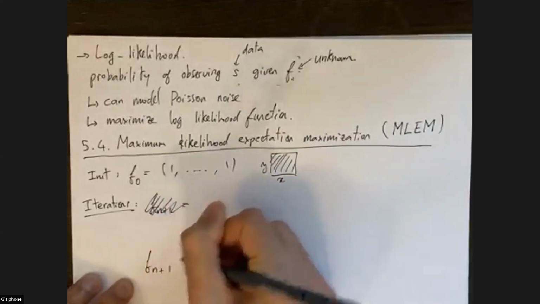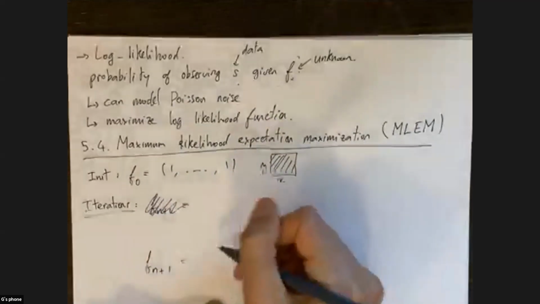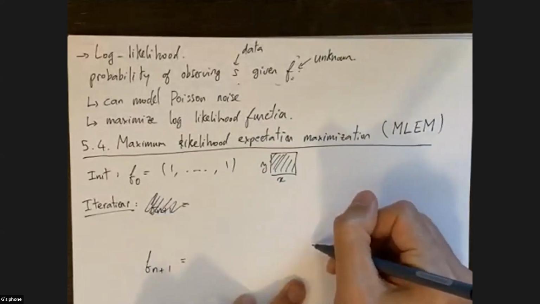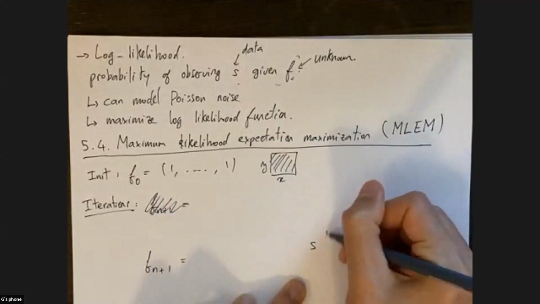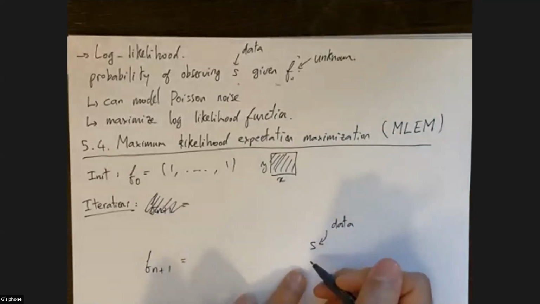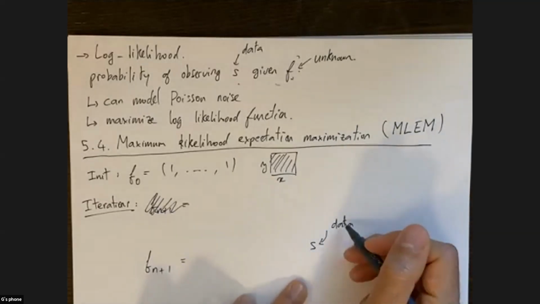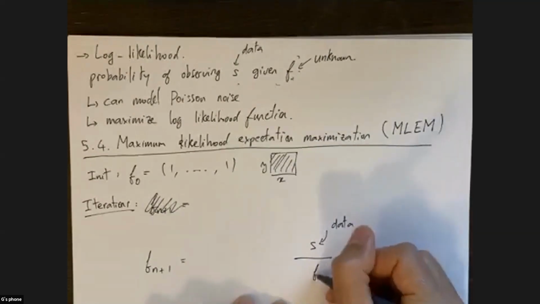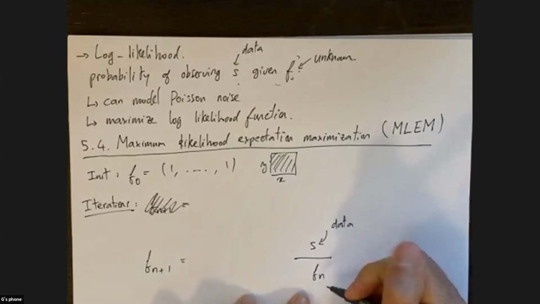F n plus 1 equal. We're going to start with S, the data that's coming from the scanner. And then we have our previous image estimate f of n.